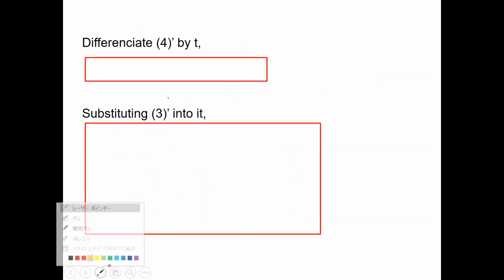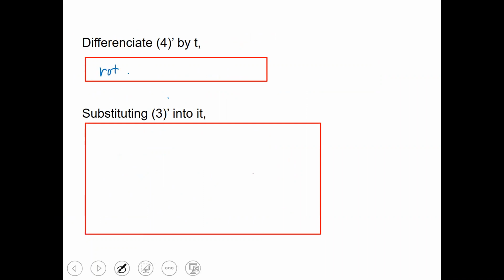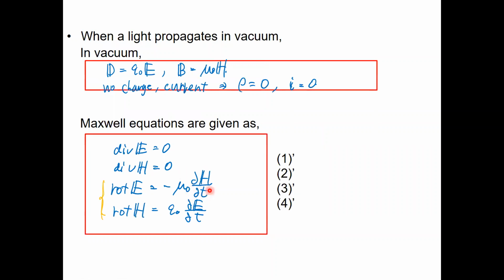Here, rotational H, differentiated by t, equals epsilon 0 d2E/dt2. Okay. Now you can substitute this H with this one.